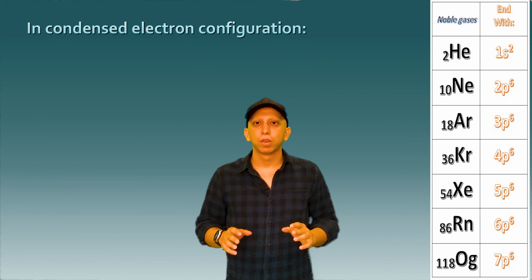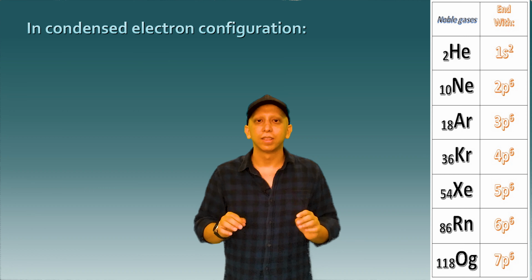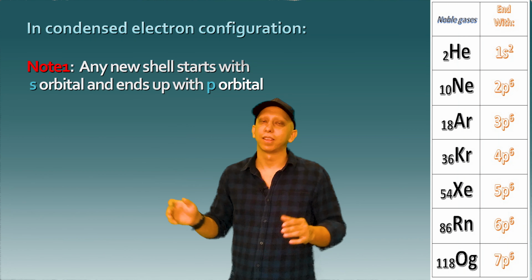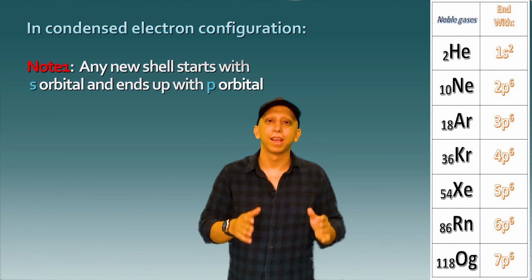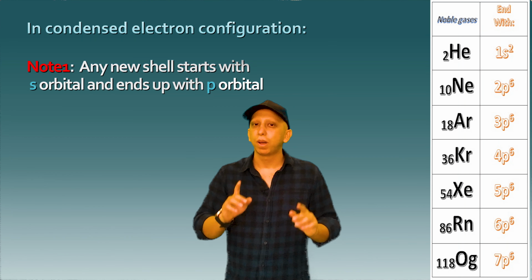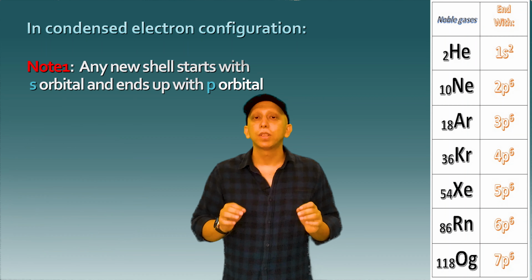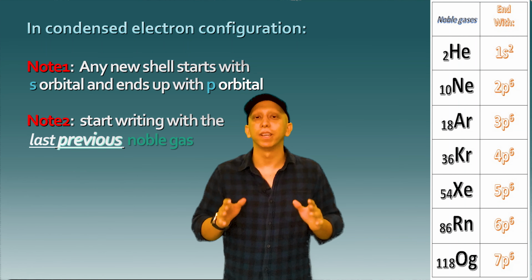As I said, we get help from some methods to write condensed electron configuration. The first one is the rule that I talked about, that any shell starts with s and ends with p. But we need one more method. For writing condensed electron configuration, we should get help from the last previous noble gas.